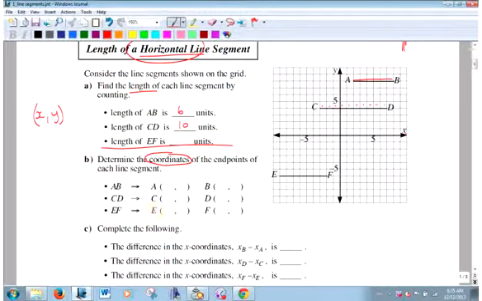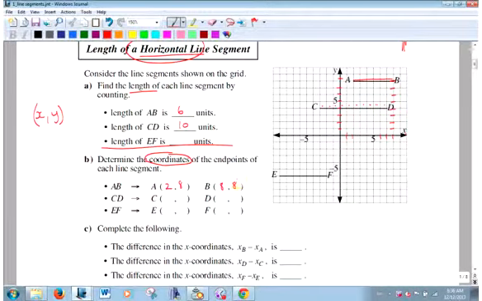What are the coordinates of point A? Well, I go 1, 2, and then up 1, 2, 3, 4, 5, 6, 7, 8. B is 5, 6, 7, 8, and how far up do I have to go? 1, 2, 3, 4, 5, 6, 7, 8.